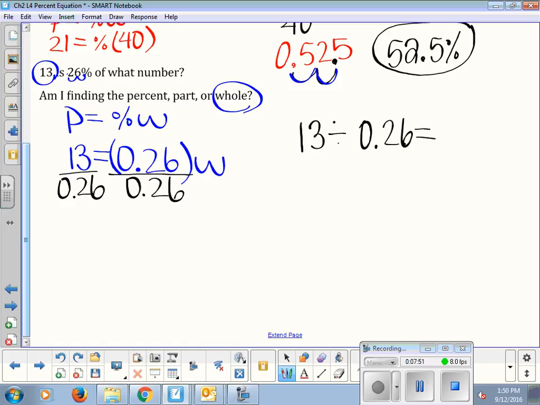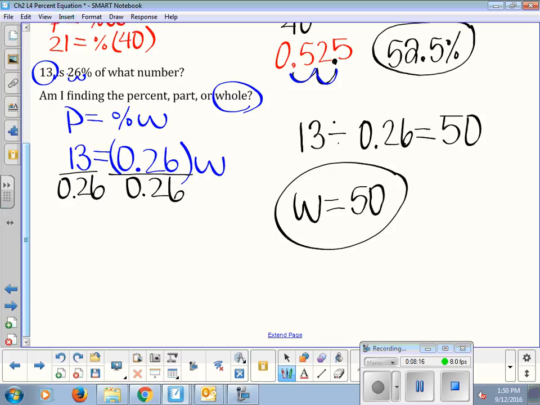So we're doing 13 divided by 0.26, and what do you get? We should have gotten 50 as our answer. So we know that W equals 50.